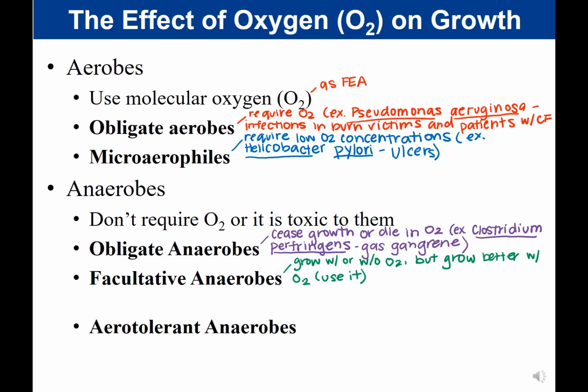So notice that using aerobic respiration gives you a much higher ATP yield than fermentation does. And so if the organism is a facultative anaerobe, right, they can grow with or without. But if given the choice, they're going to grow with O2 and use O2 because for them, using oxygen gives them the highest ATP yield.